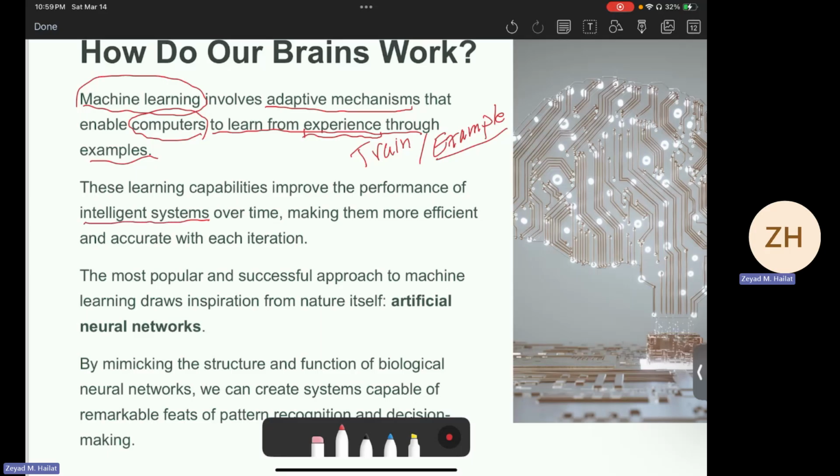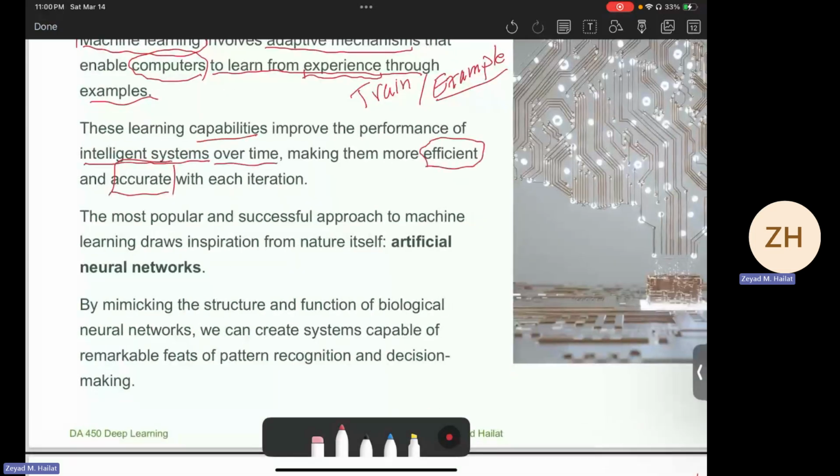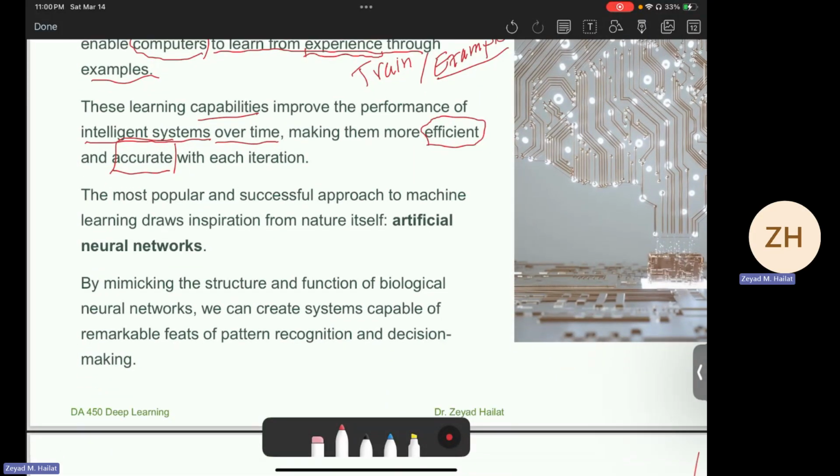These capabilities of adapting to a specific experience can evolve over time, which makes them more efficient and accurate. When we talk about efficiency, we're talking about time, space and performance, and more accurate in terms of results with each iteration. Iteration after iteration, you train on more data, increasing your data set or fine-tuning your models. By that time, the performance gets improved.